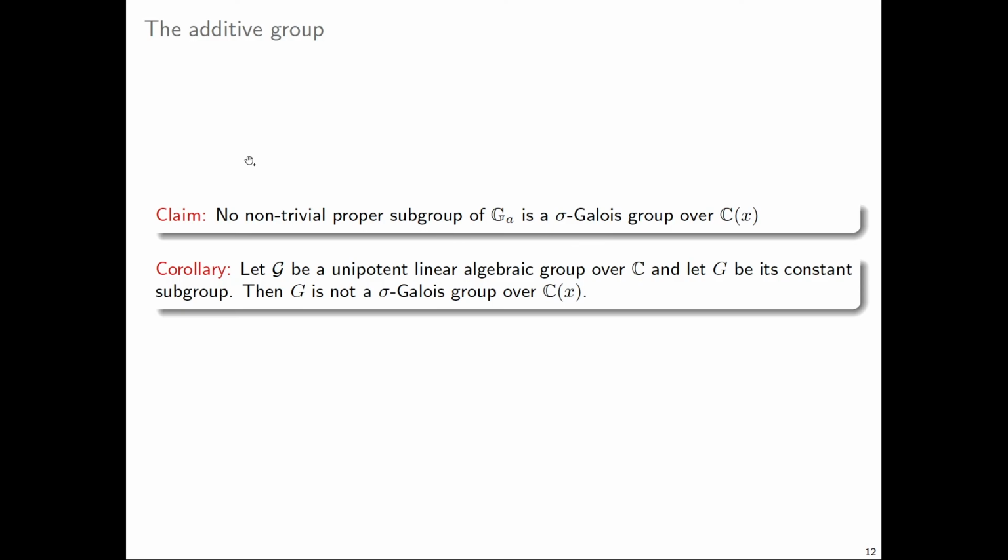That's because a unipotent group has a quotient that's GA, so the constant group has a quotient that's the constant points of GA, and therefore by the Galois correspondence, if that constant subgroup of GA does not occur, the whole group can also not occur.